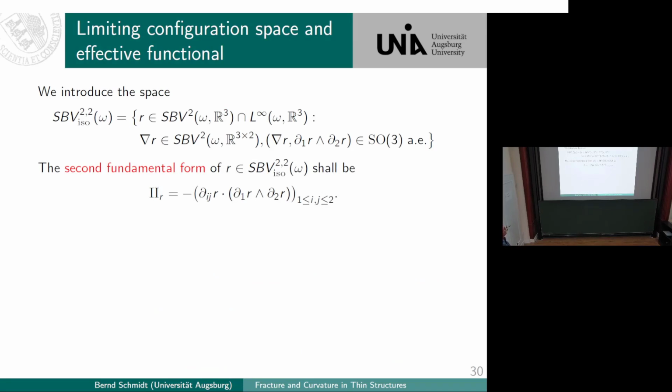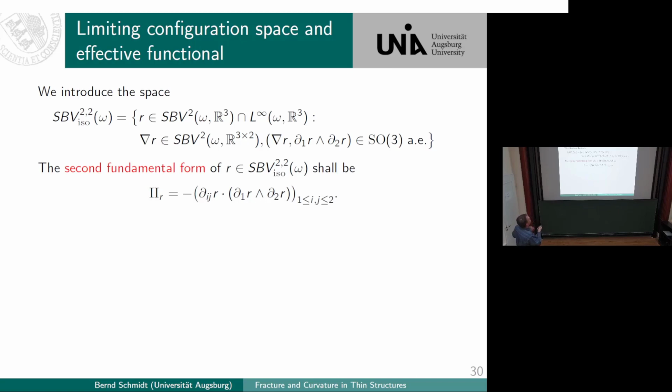What you should look at now is SBV spaces again. This will be the midplane now, I mean, the film deformation. What is the film deformation? It takes this midplane and maps it to R3, so it is a mapping. I'm sorry, the midplanes are called little omega here. It goes into R3.